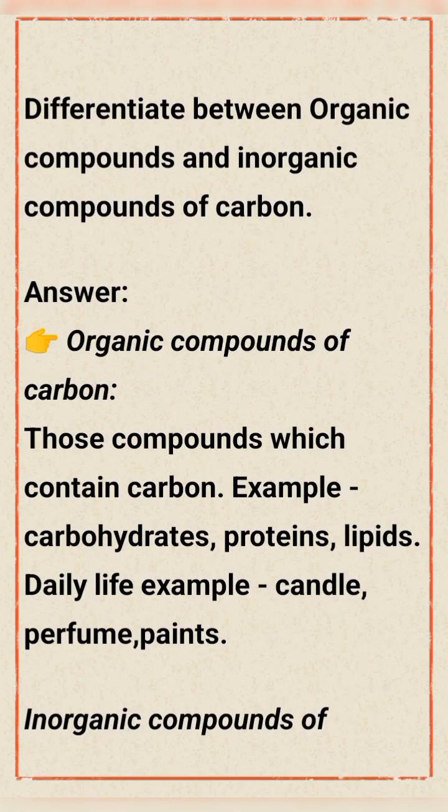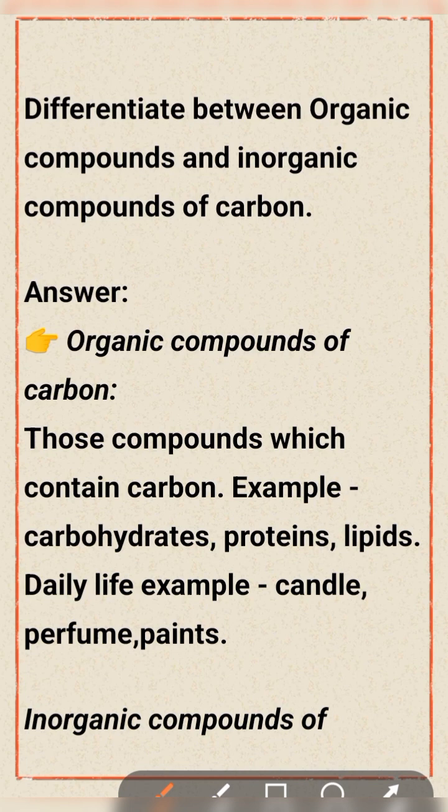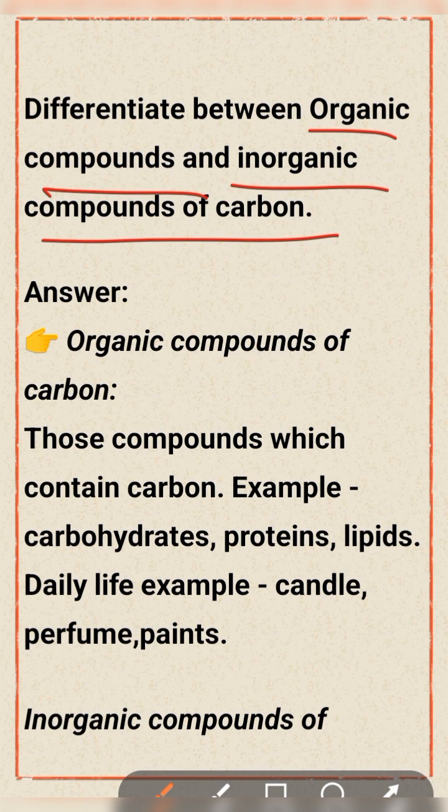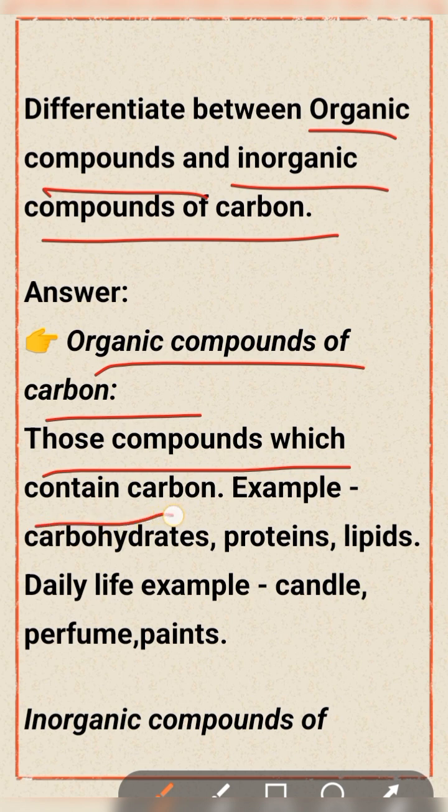Okay, my dear viewers, now the difference between organic compounds and inorganic compounds of carbon. At first, the first point: organic compounds of carbon are those compounds which contain carbon.